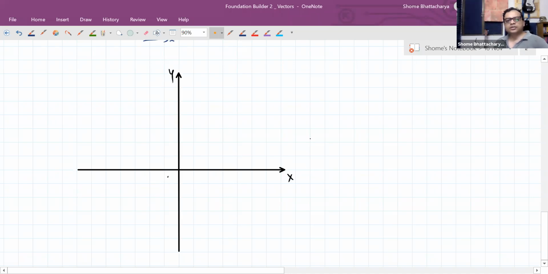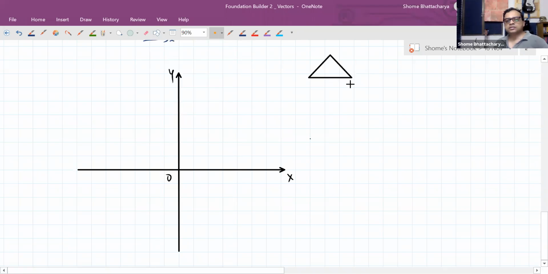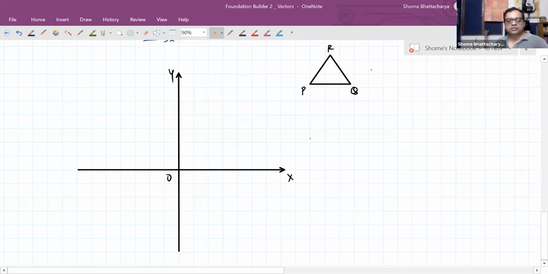So the triangle we had drawn above was like this. The base was parallel to the x-axis, this one. So now in this diagram, how will I place my three vectors a, b, and c? I'll have to place them like this. The vector a will be along the positive x-axis and of magnitude 1.